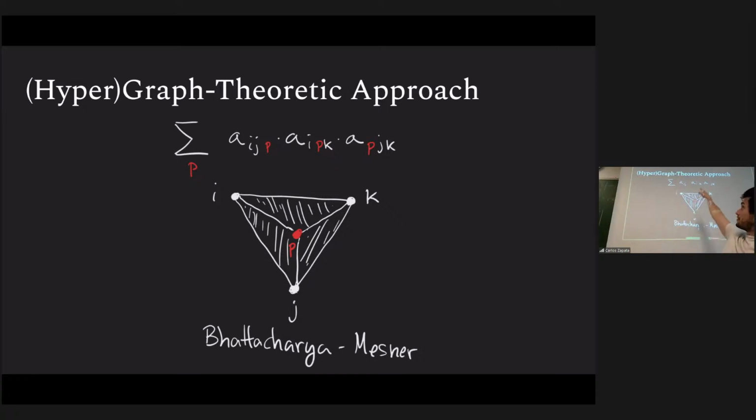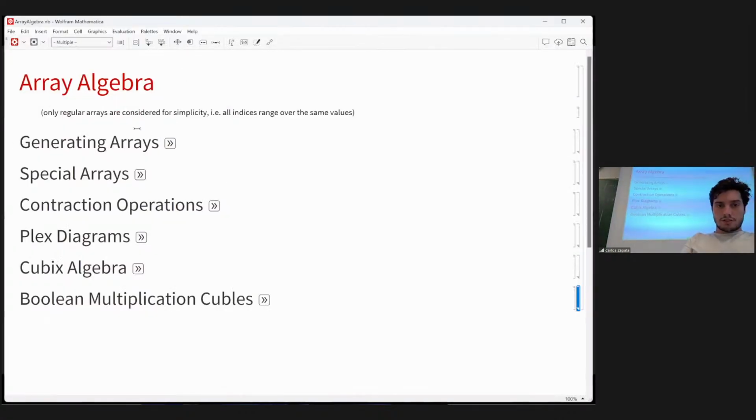So you need that the third index and the second index and the first index are the same. For algebraic purposes, we keep things cubic, not only because of simplicity, but also because otherwise you would not have closed operations, just like in matrices. Also because here at least you can switch to tensors. Yes, exactly.